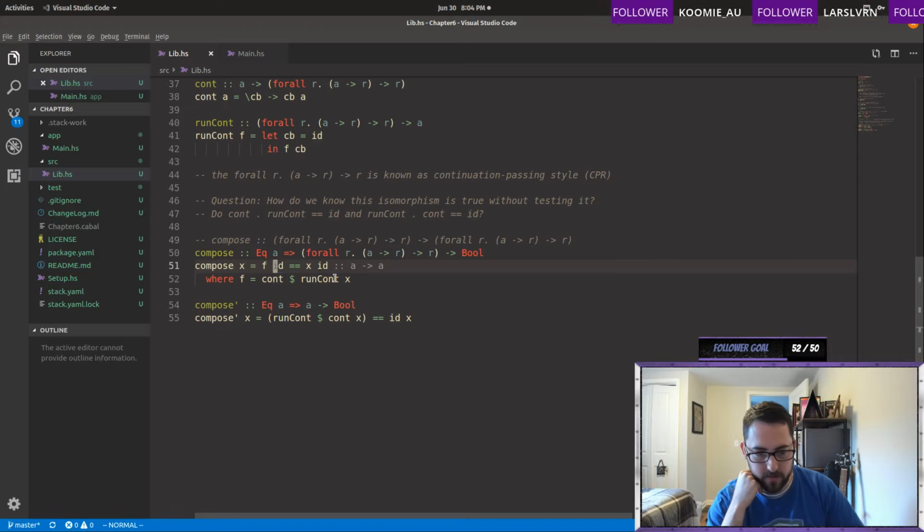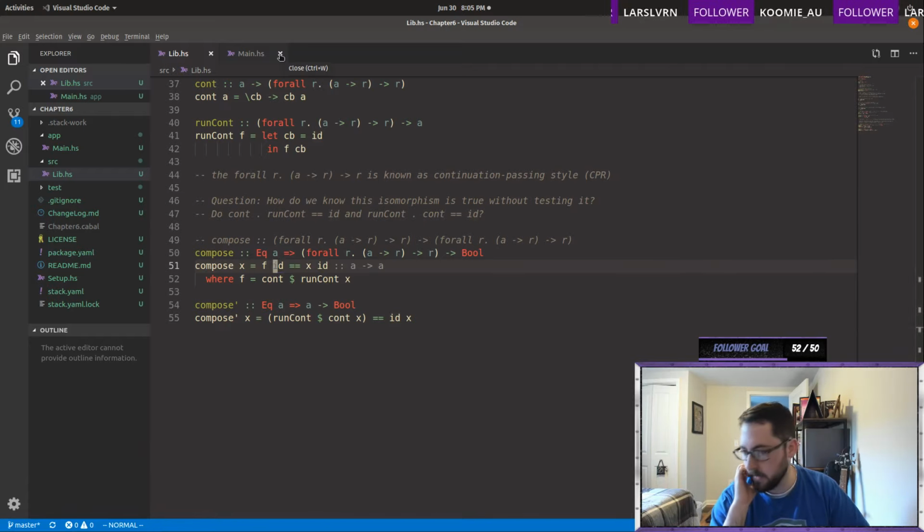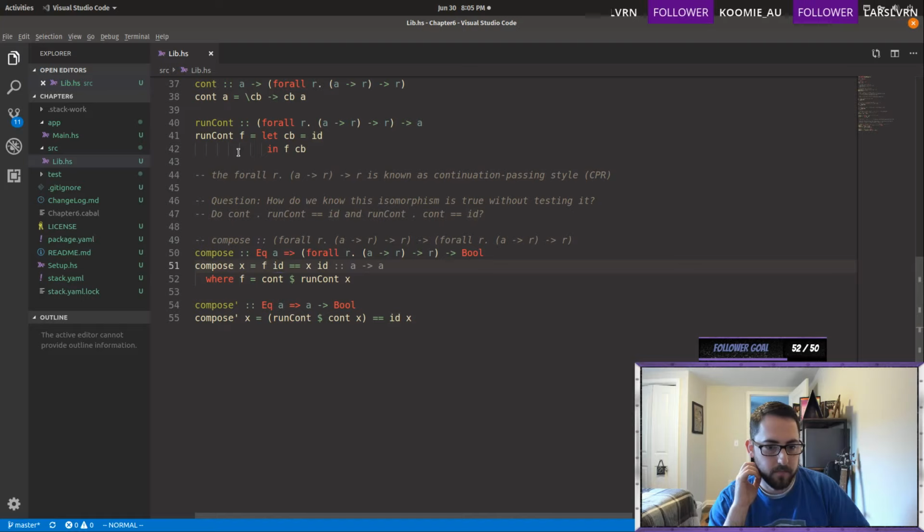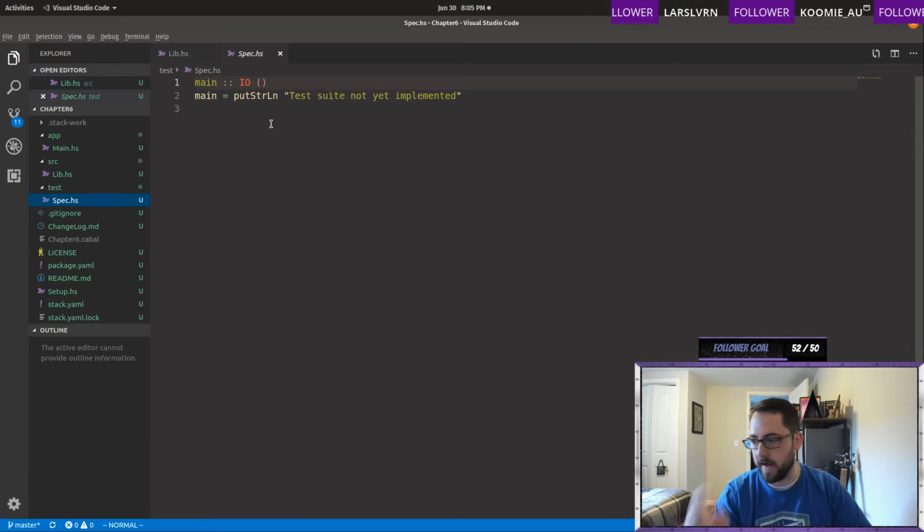No one said anything, so I'm going to assume we're all mulling it over, and I'm going to start trying to write the test to make sure these things work. Yes, this looks correct, but we haven't actually tested it yet. So let's do that, because we know how to do that.